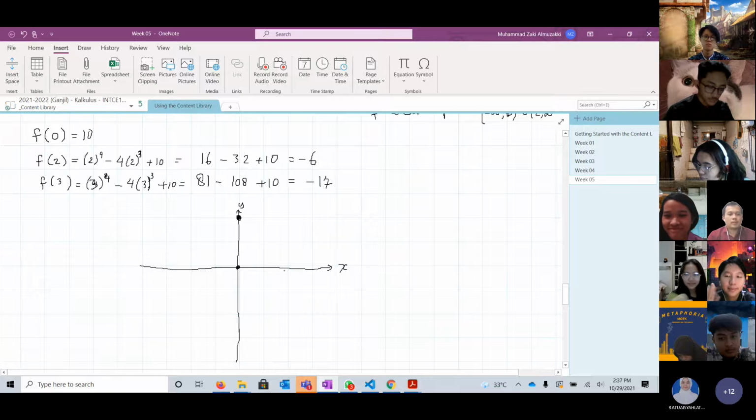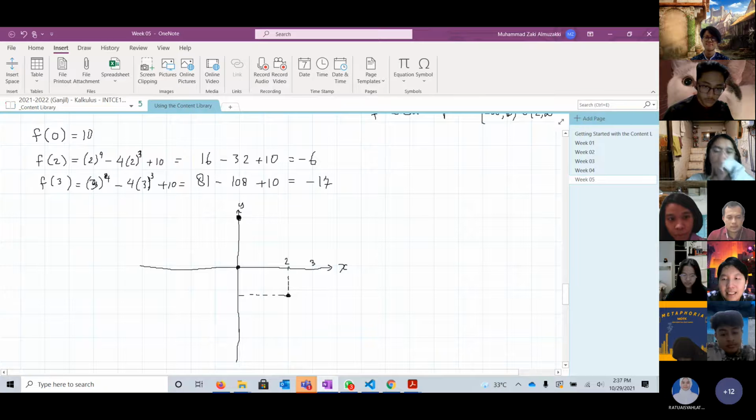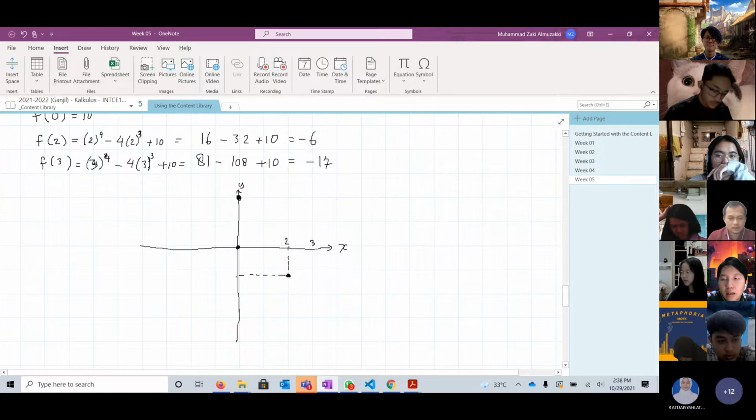At point 2, the function value is minus 6. And at 3, the function value is minus 17.